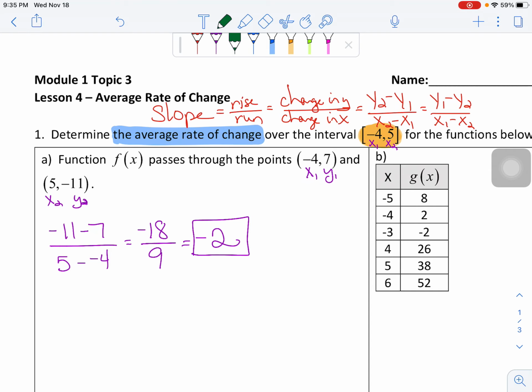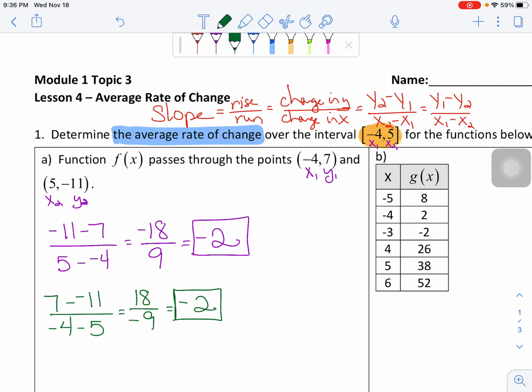Really quickly, just to prove the point, I'm going to do the problem in the reverse. Let's say we took y1, so 7, minus y2, -11, over x1 minus x2. Well, 7 minus -11 would really be 7 plus 11, so that's 18. And then -4 minus 5 is -9. Well, 18 divided by -9 is -2.